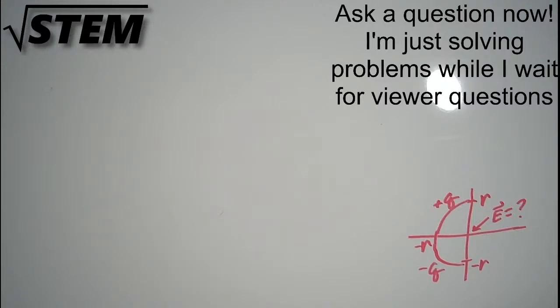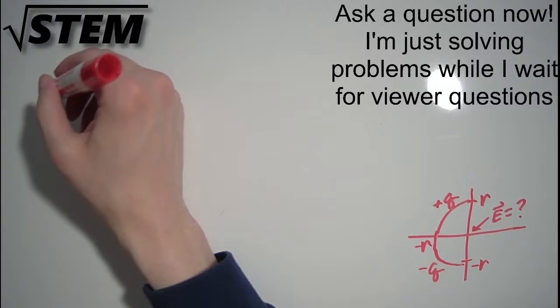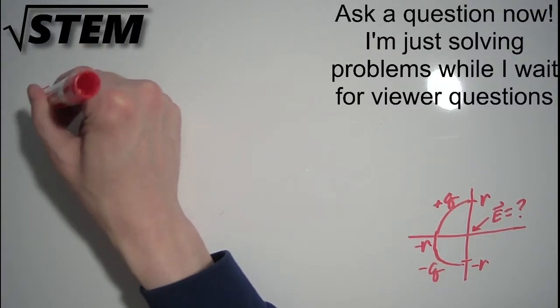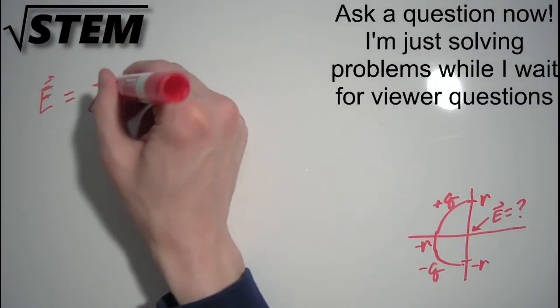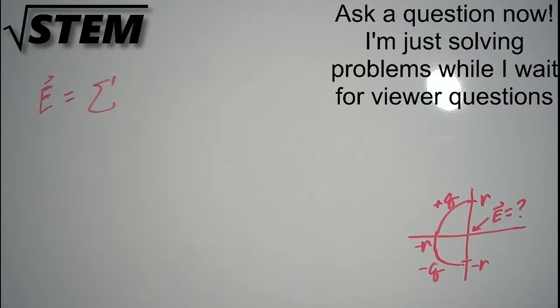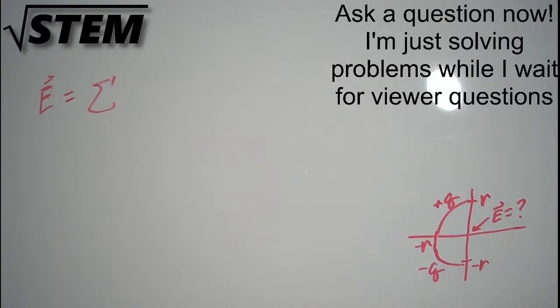So let's see, electric field should be, if we add up all the little pieces of electric field contribution, that should give us this. So how do we write each field contribution? We'll use the field from a point charge and integrate across that line.